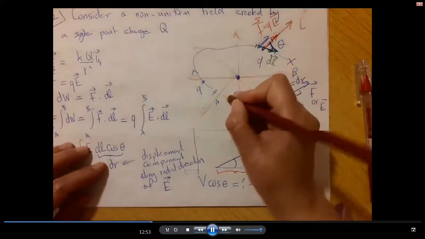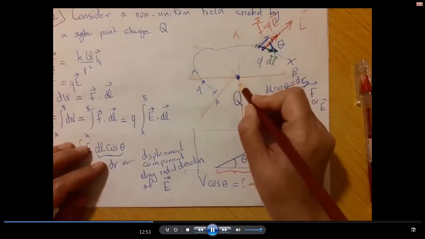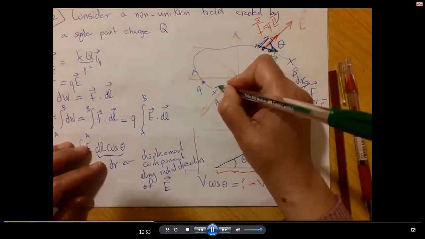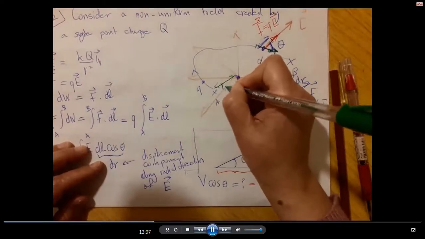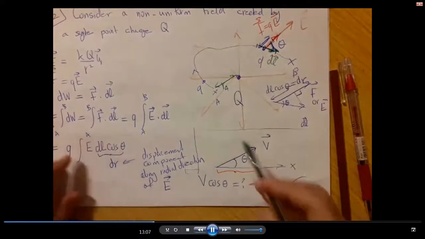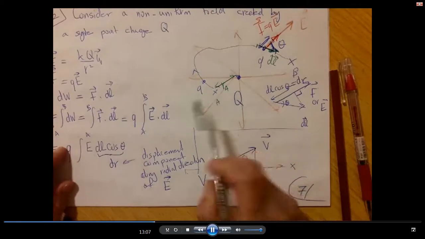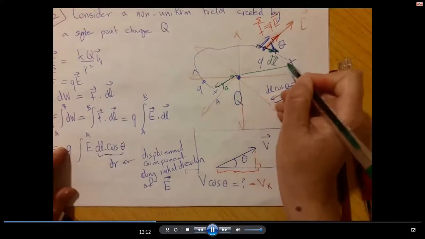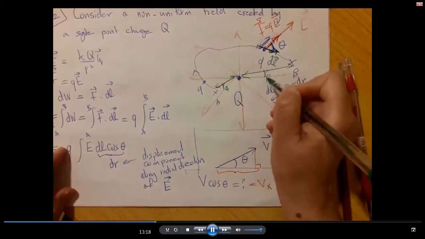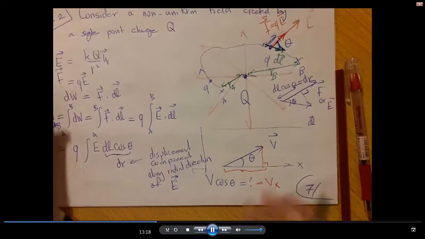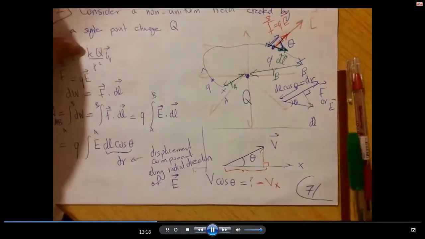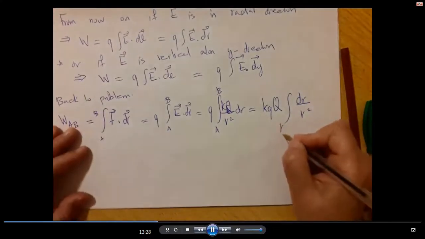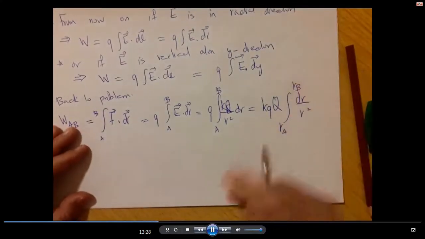It is the radial distance of A from the source, from Q. This is r of A. Finally it is at B, which is its distance r of B. So it was radially at A and it is now radially at B. So here we have from r of A to r of B.